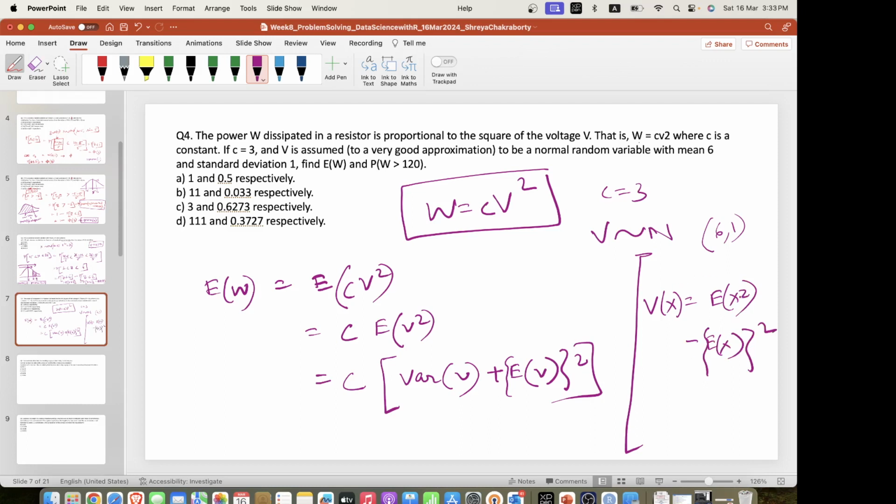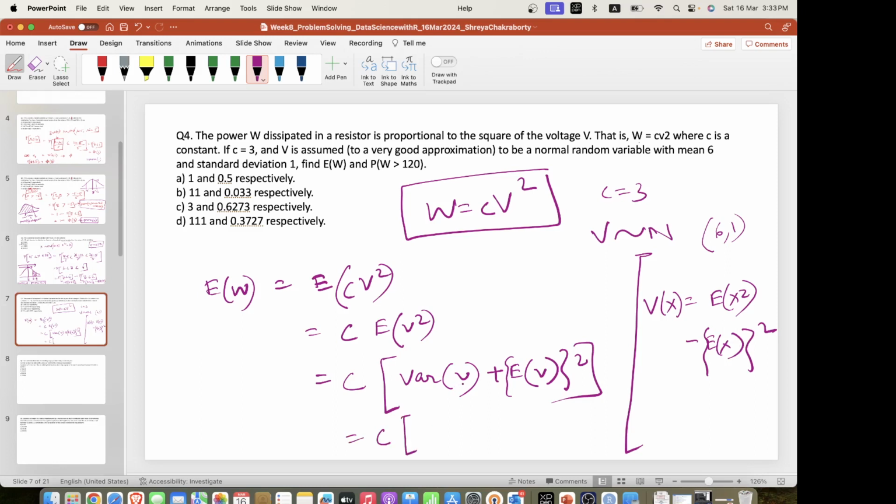So if we want expectation of X square, we have to write variance of X plus expectation of X whole square.